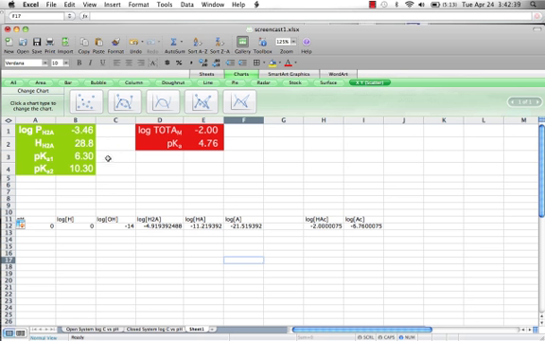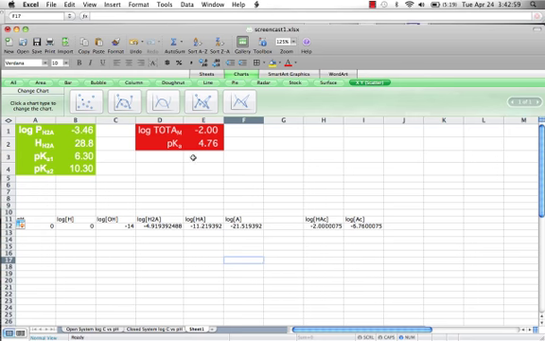Our pKa1 represents the pH at which the first deprotonation happens, and our pKa2 represents the pH at which the second deprotonation occurs.